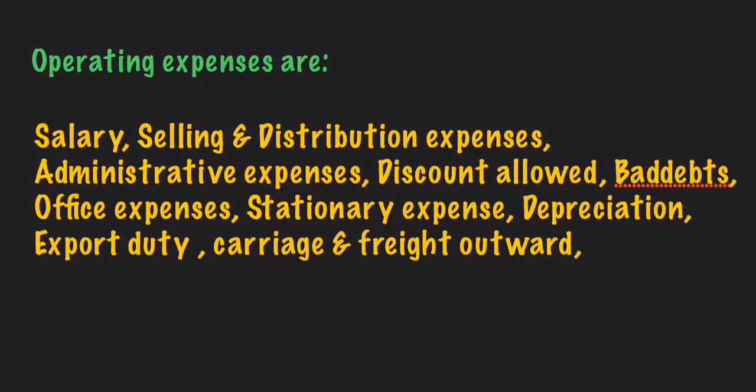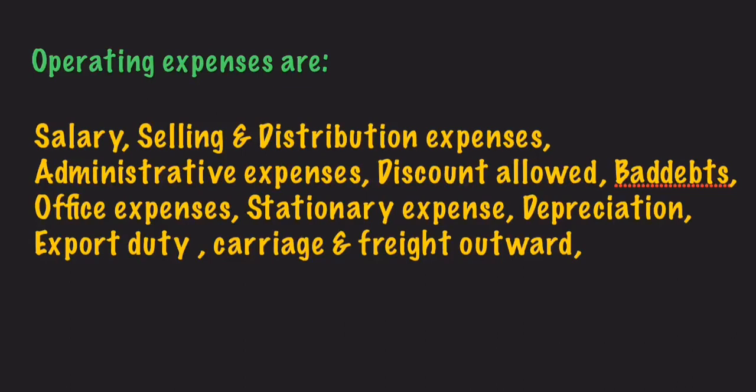Why bad debts? Because bad debt is the loss due to sales only. Stationery expenses, depreciation. Depreciation is also an operating expense, remember that. Export duty, carriage and freight outwards.